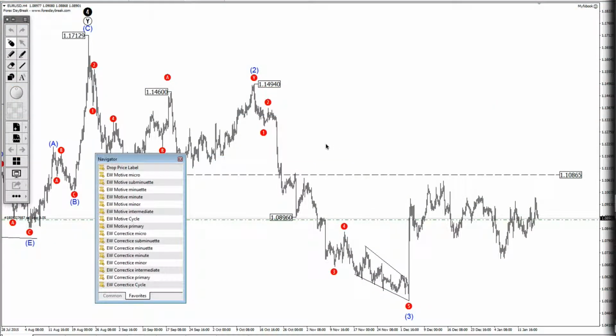Okay, let's label a couple of pairs if we have time, at least this one, EURUSD. I don't know why, but some of my labeling has gone missing when I recently closed my MetaTrader platform. I have had this happen before sometimes. I don't know why this happens.